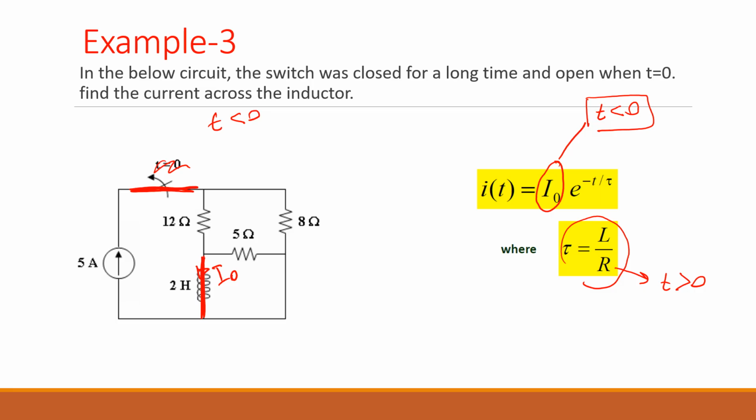So, okay, let's apply the mesh here to see, like, you know, the first mesh current is 5 amps.